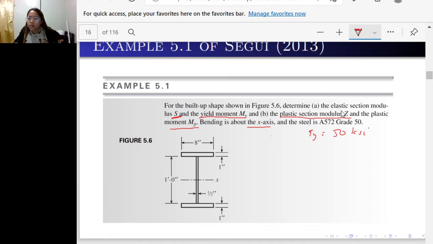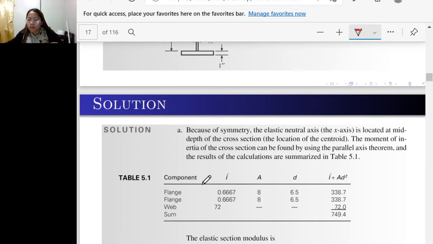So we try to solve for the elastic section modulus S and the yield moment. So first, if you look at the section, it is symmetrical.